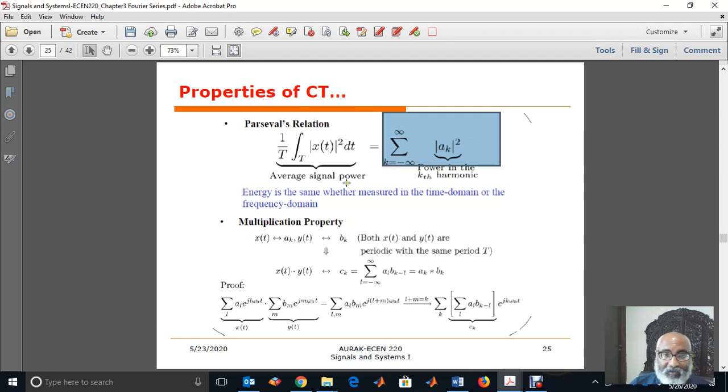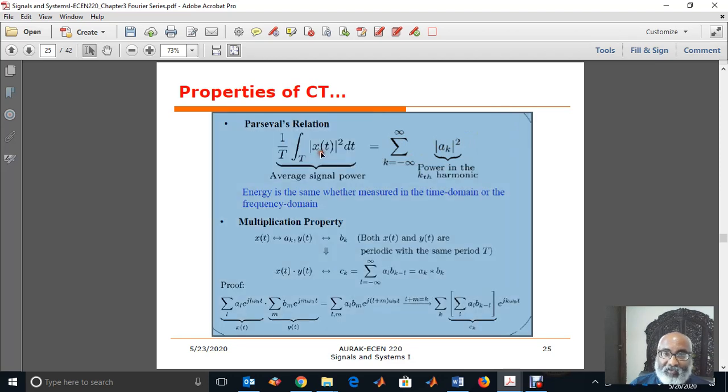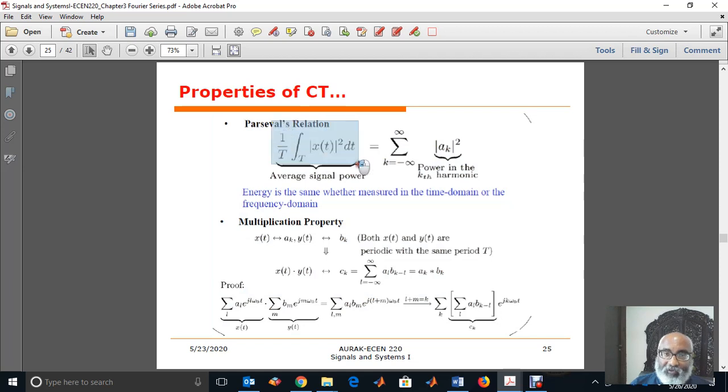This is a very important relation because for some signals, it is difficult to compute this integration. When it is not easy to compute this integration, you can go to frequency domain and use this summation, especially if this summation is convergent.